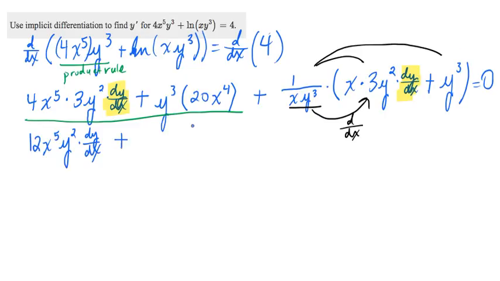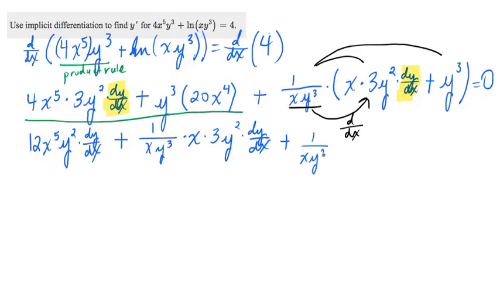So in distributing, we'll have 1 over xy cubed times x times 3 times y squared times dy/dx, plus 1 over xy cubed times the y cubed, equals 0 minus that whole term, so negative 20x to the 4th y cubed.